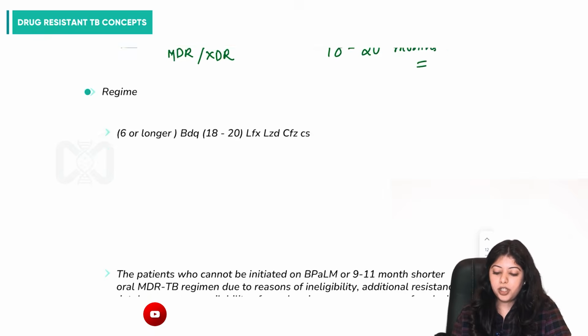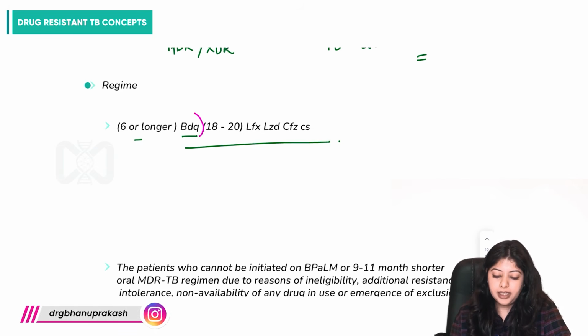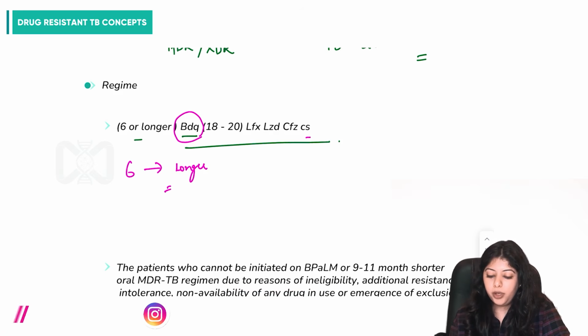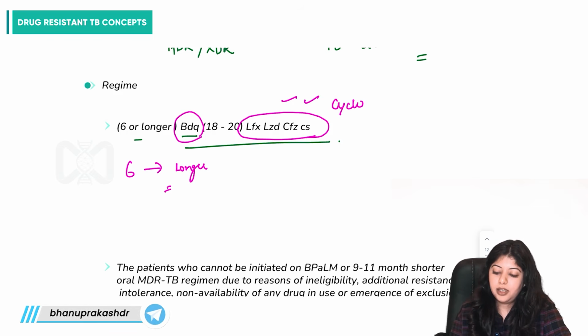These are the drugs included: bedaquiline is again given for a minimum of 6 months, up to a longer period as well, based on the progression of the disease. All the other drugs, levofloxacin, linezolid, clofazimine and cycloserine, are given for 18 to 20 months.